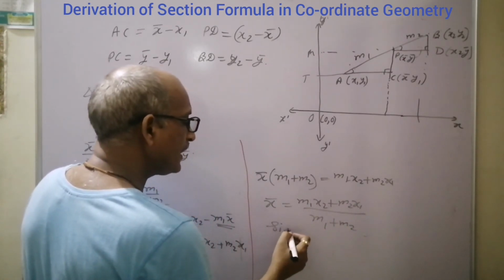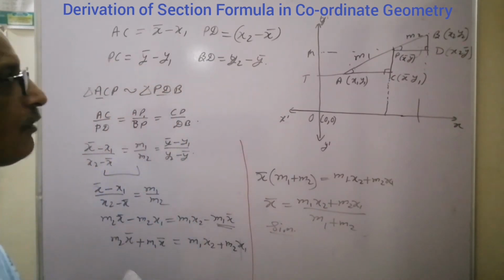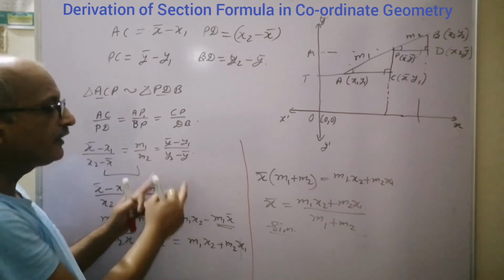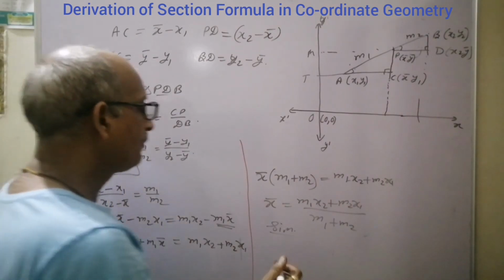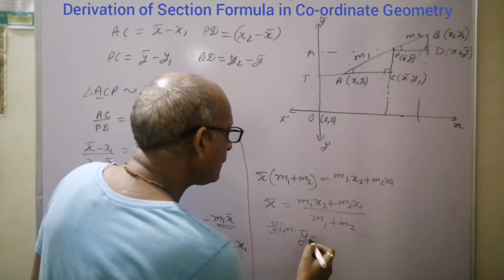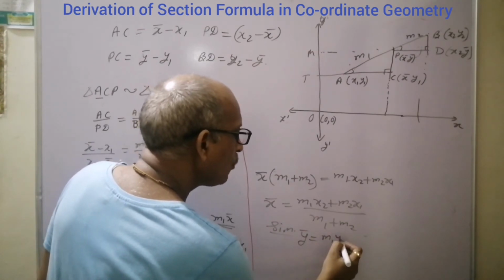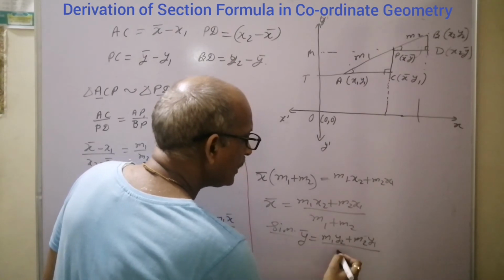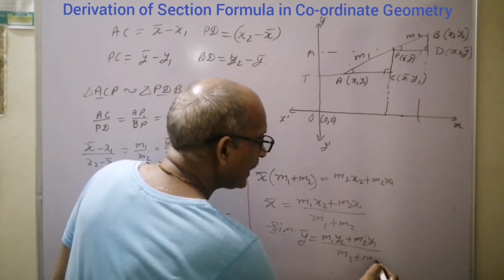In the same way we can calculate y also. Comparing these both we will get y bar is equal to m1 y2 plus m2 y1 upon m1 plus m2.